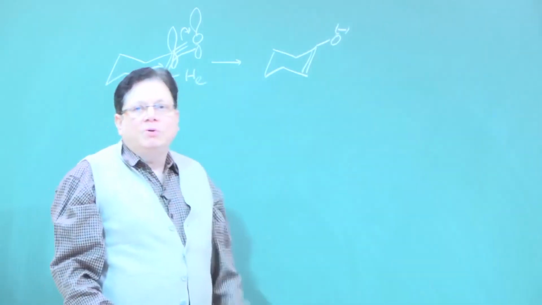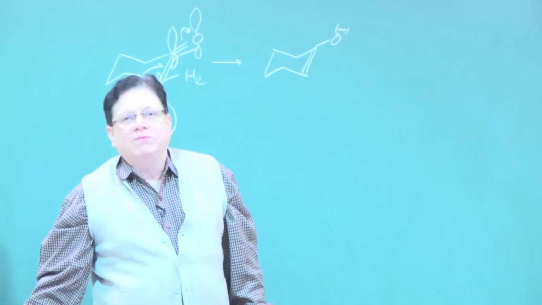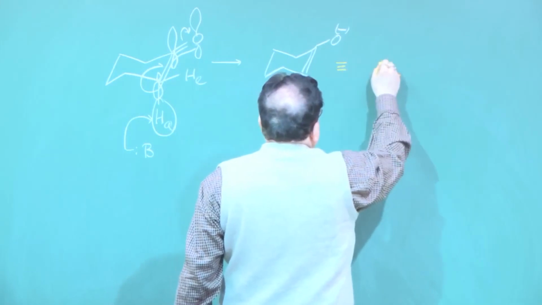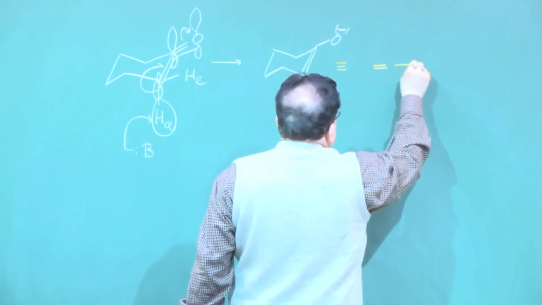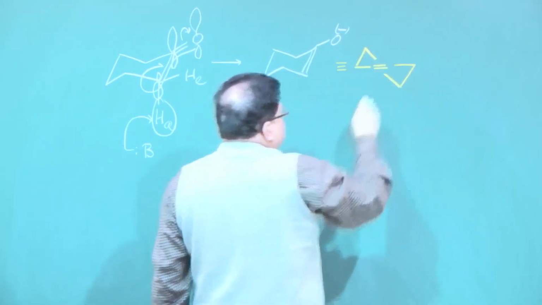Although the enolate is now written in chair form, actually it is not a perfect chair. It adopts what is called a half chair form, like this.